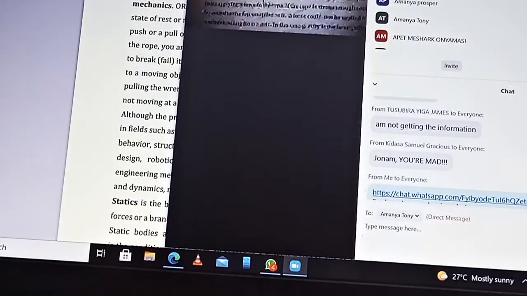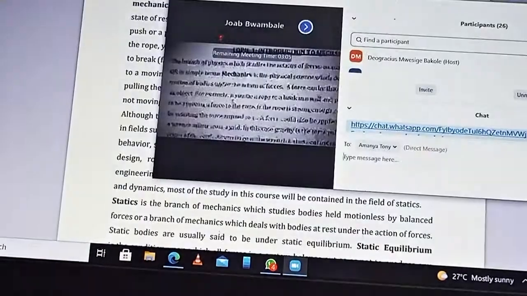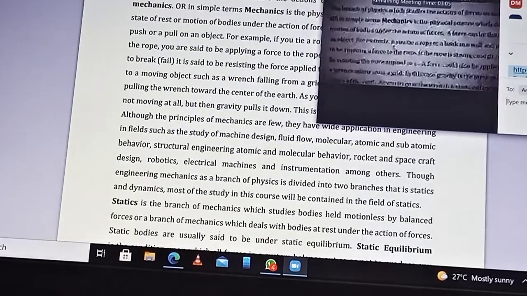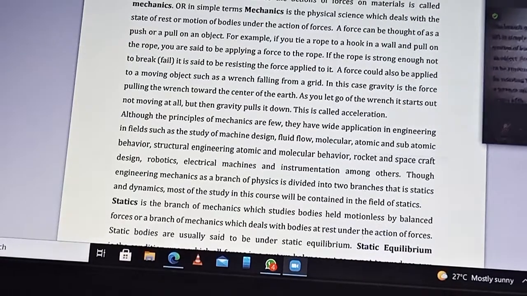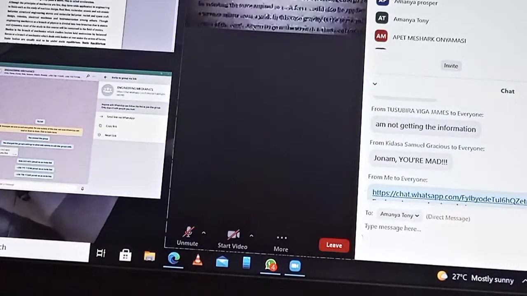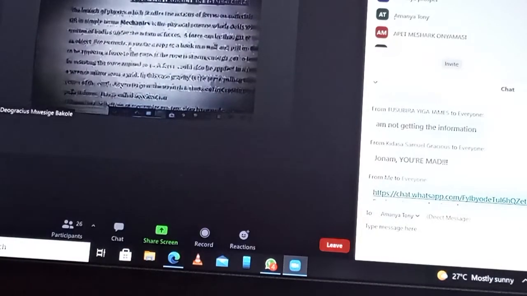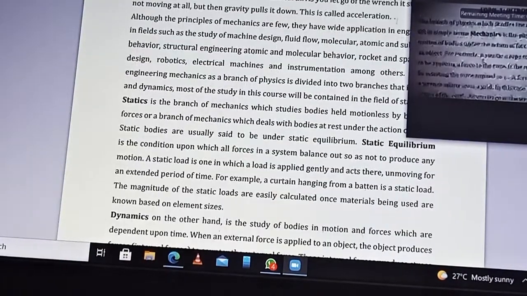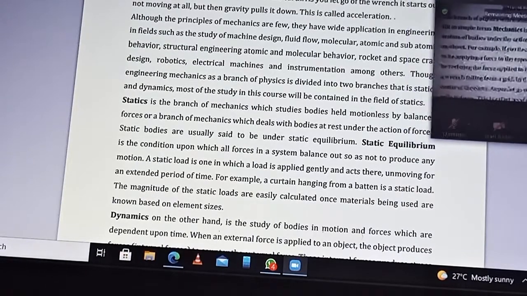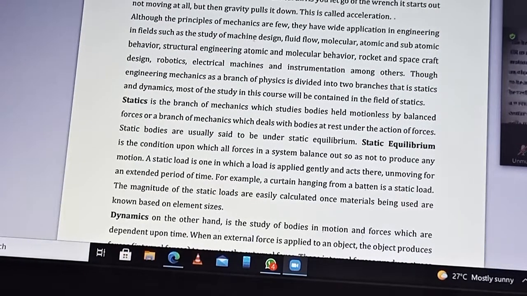We design knowing that if this rubber band can fail at a force of 5 kilonewtons, then we should not exceed 5, because any force equal to 5 or beyond will cause the rubber band to fail. That is usually the intention. And now we will be seeing other things to do with sizing.